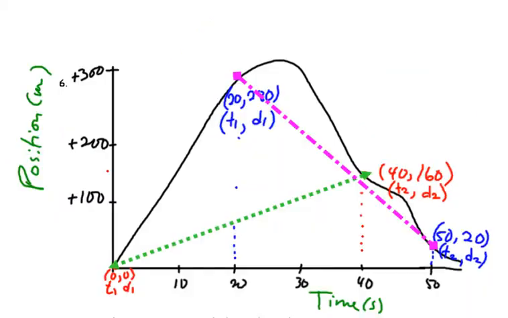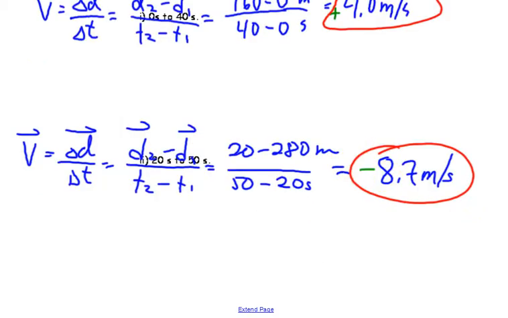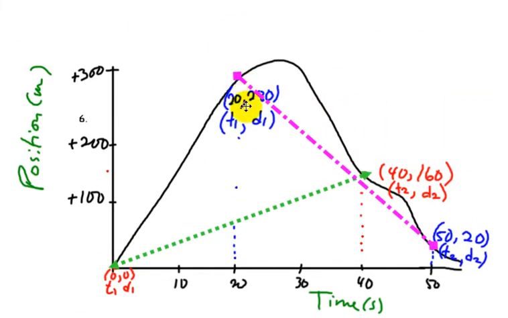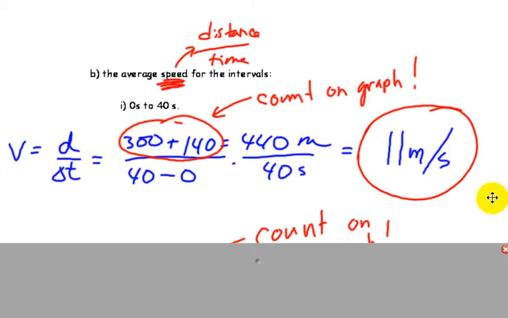Okay? Looking at the other movement here, from 20 to 50 seconds, the total steps that we've taken: if this is the 280 marker, to get to the 300 marker, that's 20. And over here, if this is the 20 marker, I must have gone 280 in the backwards direction.